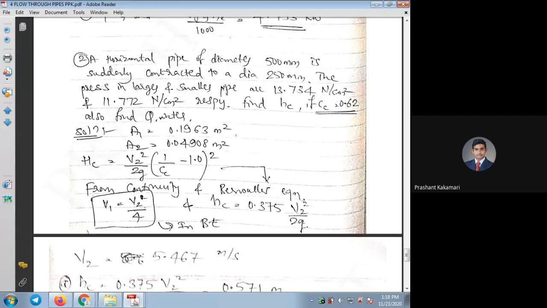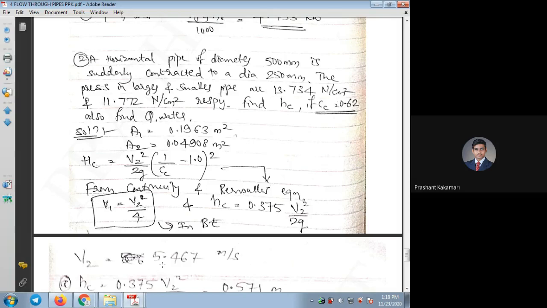Now in the Bernoulli equation, by replacing the V1 term as V2 by 4, I have written the Bernoulli equation entirely, left hand side and right hand side, in the V2 form. From that one can find out the V2 value directly, or by A1 V1 equal to A2 V2 also you can try whether you are getting the same answer.